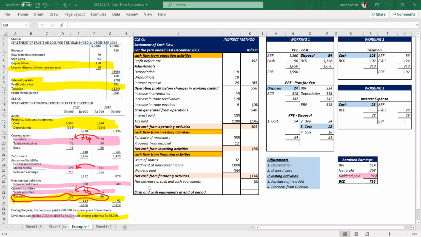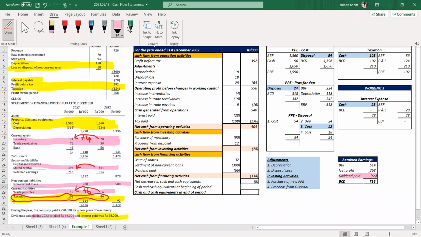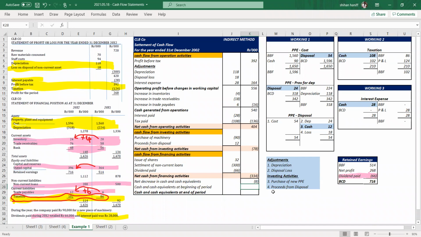Then you have to write the opening balance. Opening balance for cash is 56. So closing balance would be 48. So that's that.